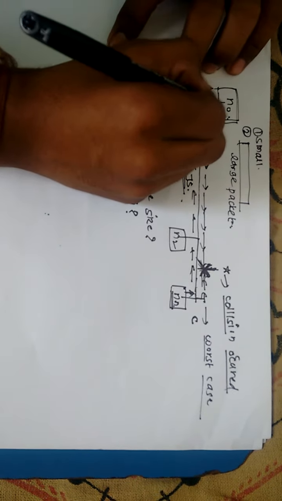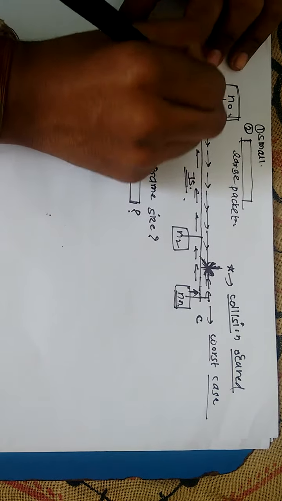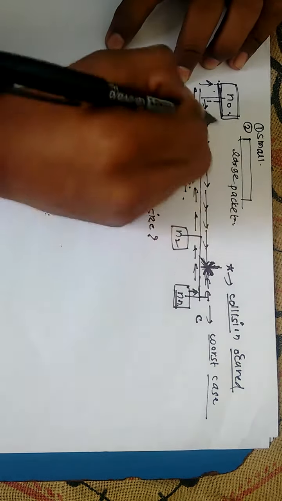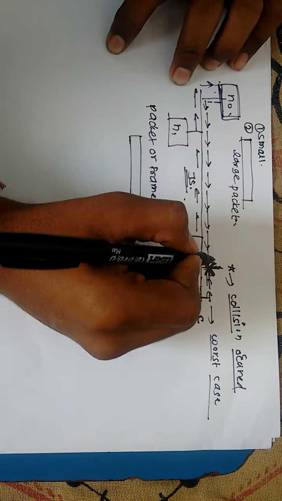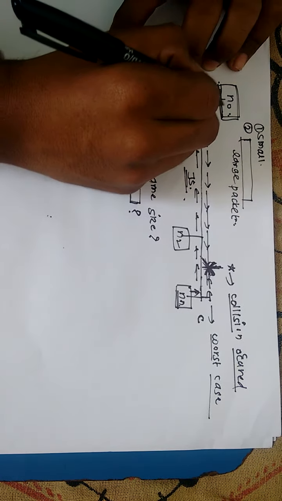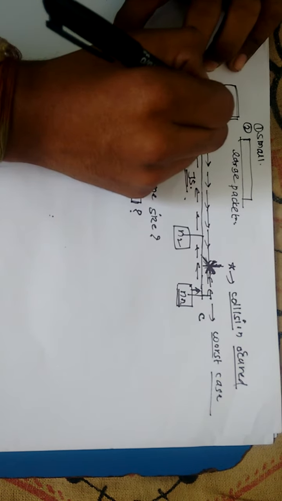So when the jamming signal comes back, this node detects that a collision occurred in the transfer of data, and it needs to retransmit the frame.